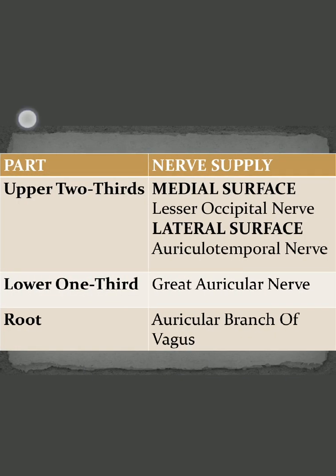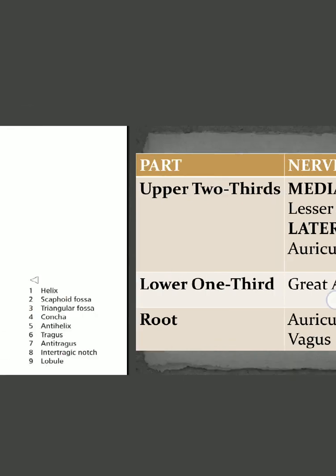Now the nerve supply. So nerve supply को study किया जाता है, एंड पूरे ऑरिकल को डिवाइड किया जाता है इनटू अपर 2/3, लोअर 1/3 एंड रूट। और दो सरफेसेस में डिवाइड किया जाता है, मीडियल सरफेस एंड लेटरल सरफेस। जो सरफेस आगे की तरफ है, एंटीरियर साइड पे है, दैट इज द लेटरल सरफेस, एंड on the posterior side is the medial surface.